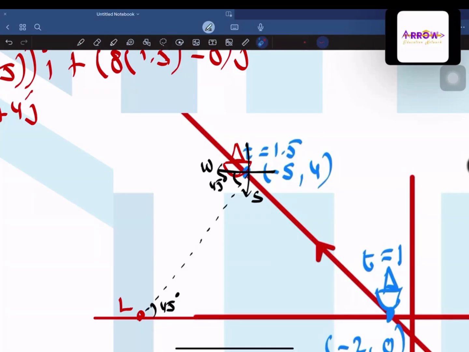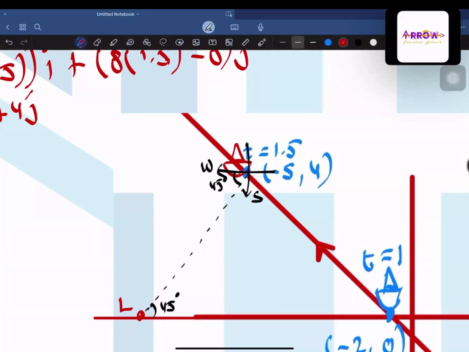So what I can do is find this LS vector. Even if I find this SL vector, that is also perfectly fine. But anyone who sees this line would say, this is an upward sloping line, isn't it? An upward sloping line will have a positive gradient.